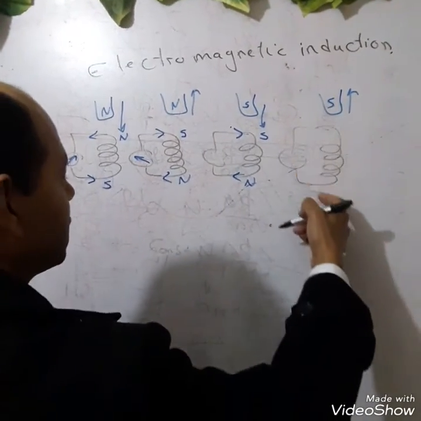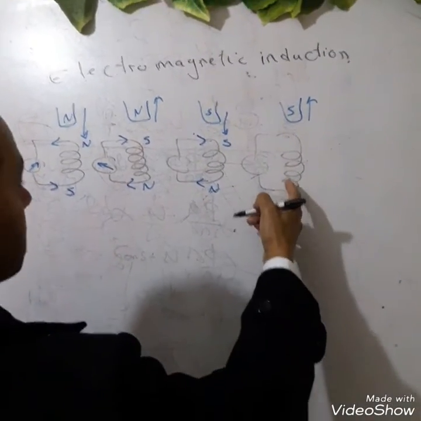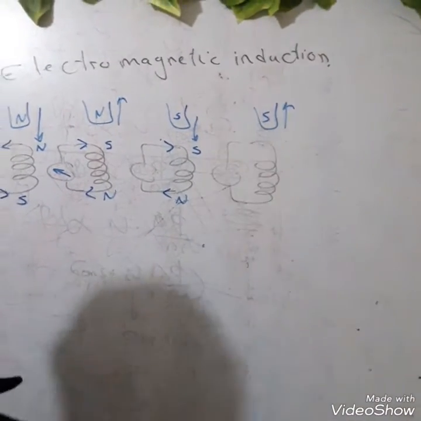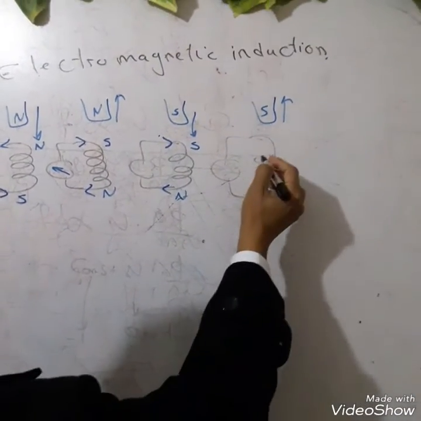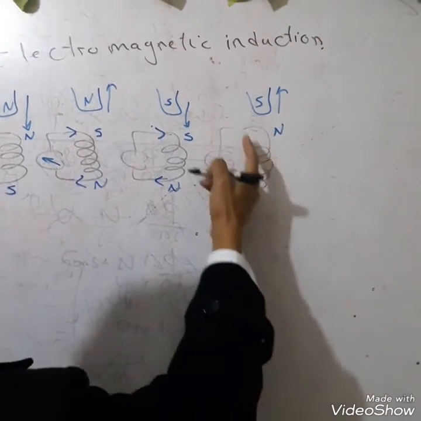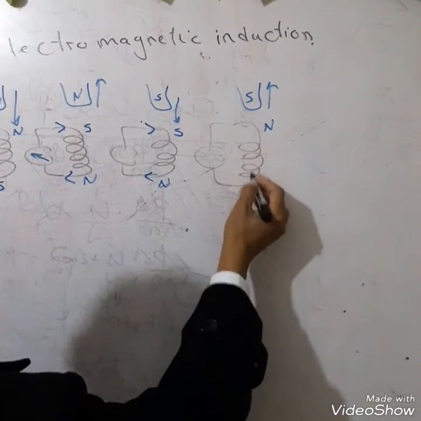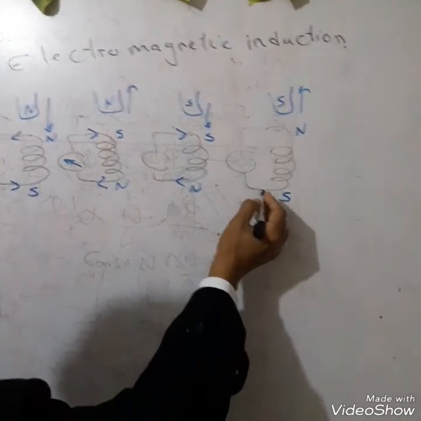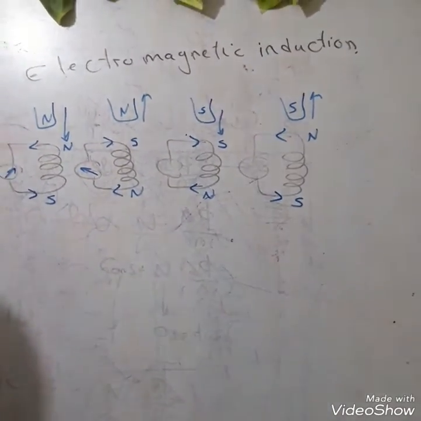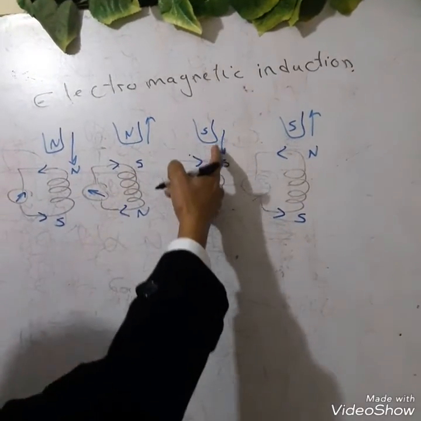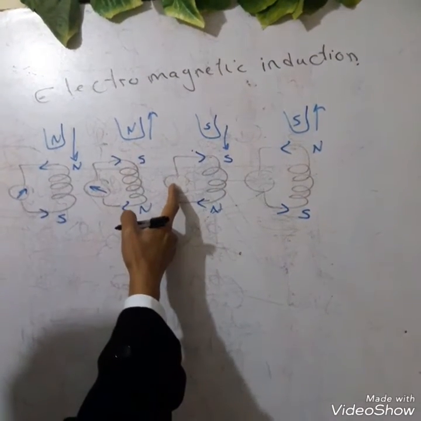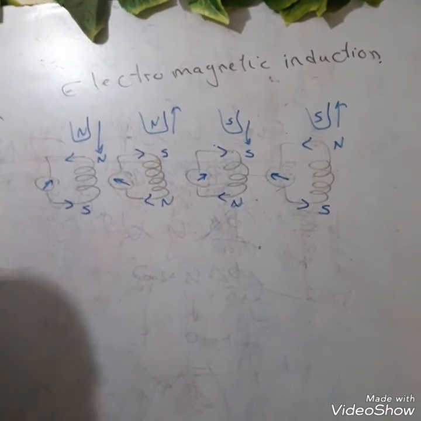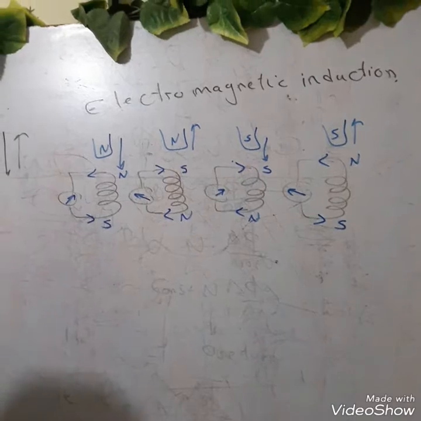It generates a magnetic field opposite to this south pole, so it generates a north pole to attract the south pole moving away. So the induced electric current passes from S to N. This means if you bring it close, the pointer deflects like this and the other like this, or vice versa.